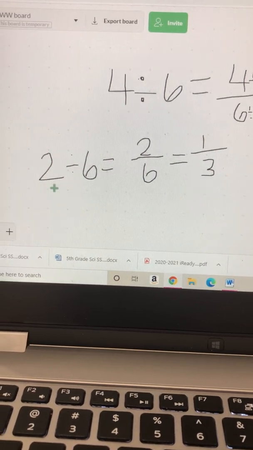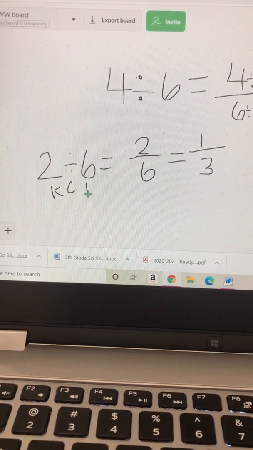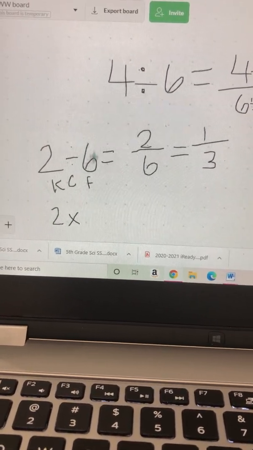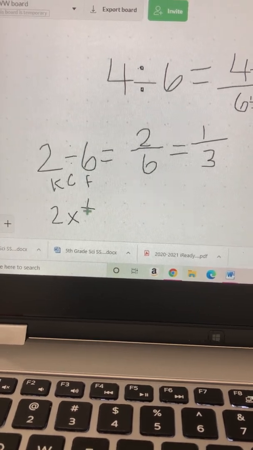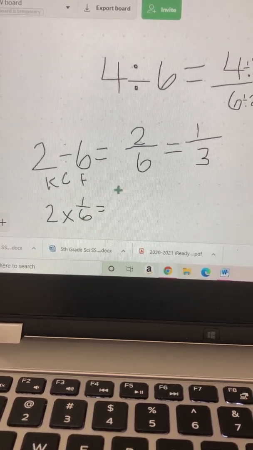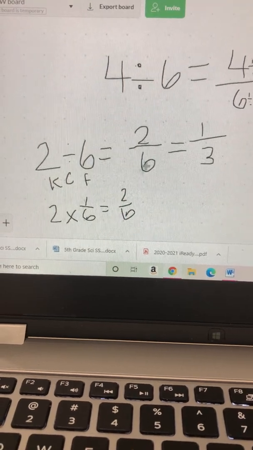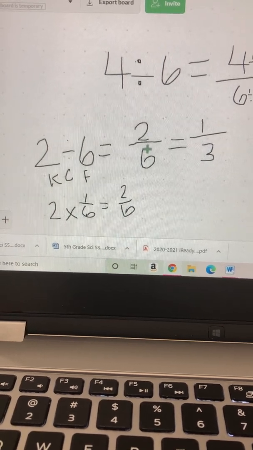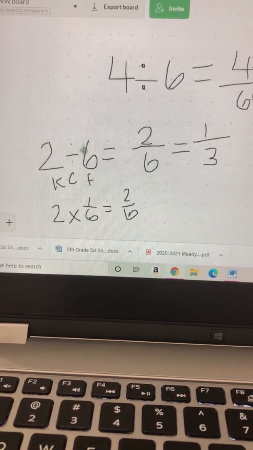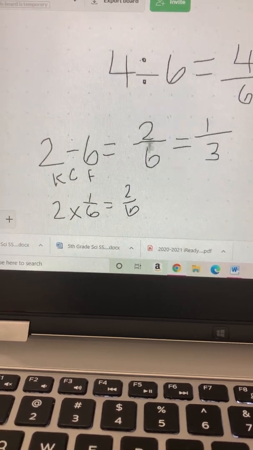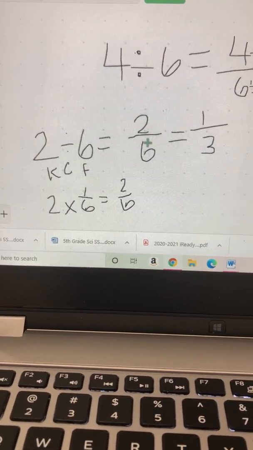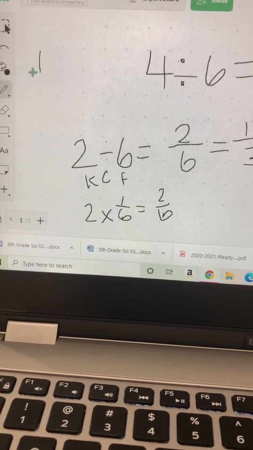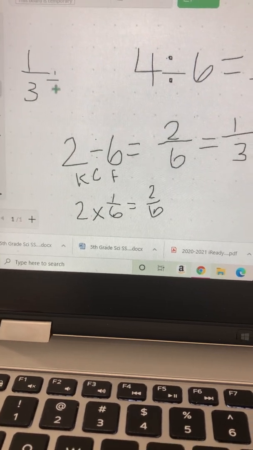Let's do the keep, change, flip, because I know that I don't want to confuse you guys. 2 times, remember, whole numbers become fractions, and that equals 2/6. See how it's the same thing? So like I said earlier, doing this is just a shortcut, and this only works when you have whole numbers here. If one of them is a fraction, you can't just write it as a fraction, because like I said earlier, you cannot have a fraction over a fraction. How silly would this look? Let's pretend that we have 1/3 divided by 2.